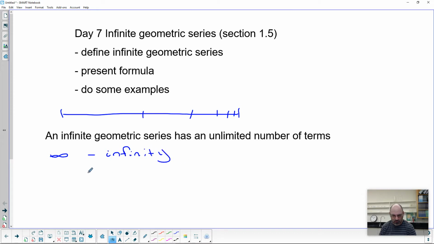So we use this symbol for the sum of an infinite series. This is what we use, an S with an infinity subscript. This is the sum of an infinite geometric series.